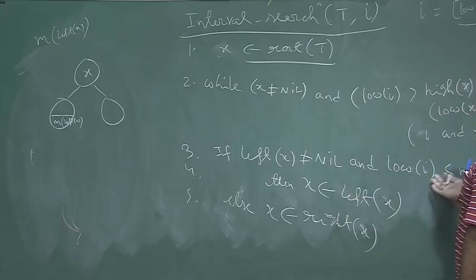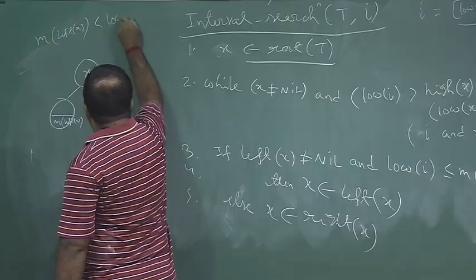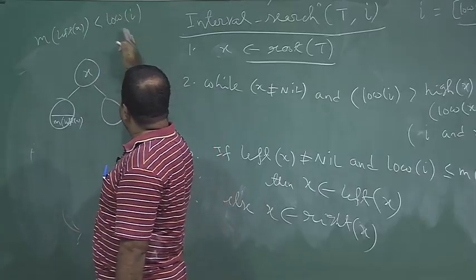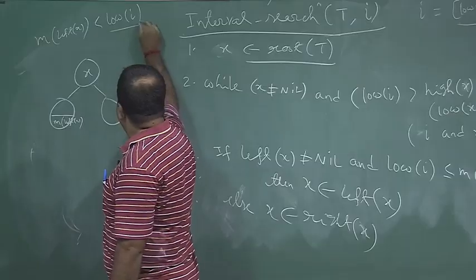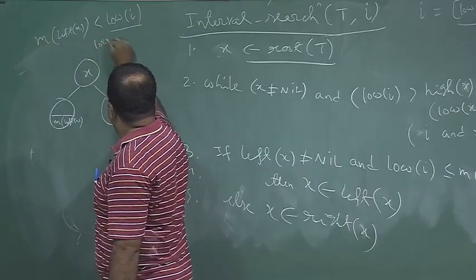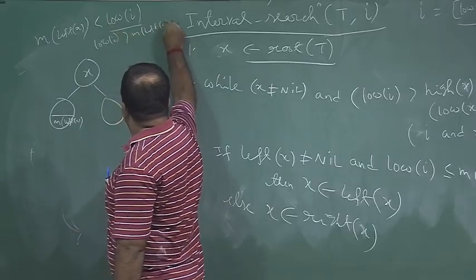If m of left of x is less than low of I, that means we are looking for an overlap where low of I is greater than m of left of x.